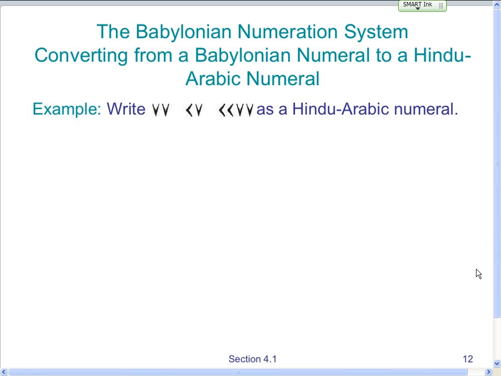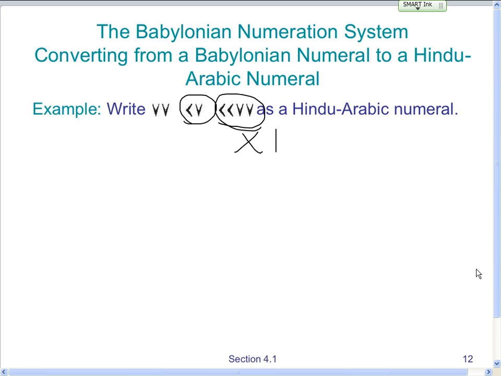All right, so we have this number here. We've got the V's, we've got a C and a V, we've got some C's and a couple V's. What does this represent as a Hindu Arabic number? Okay, so we've got this place, which is in the ones place, which means multiply times 1.